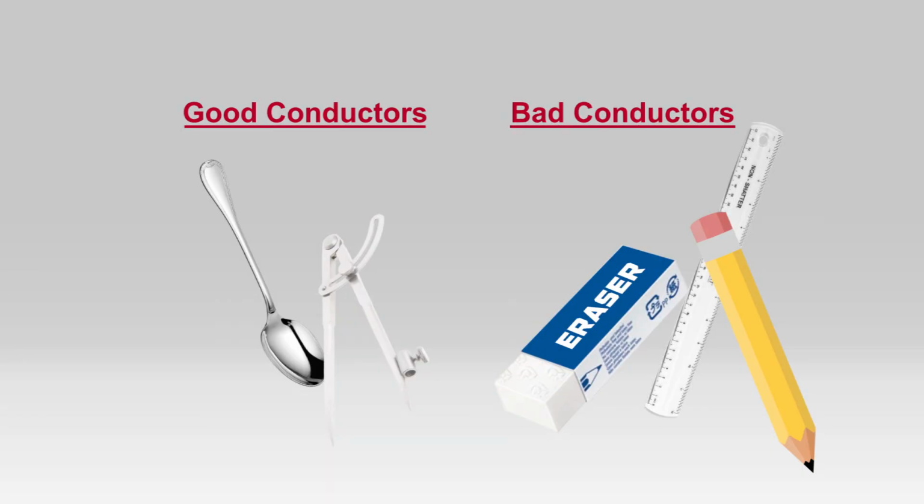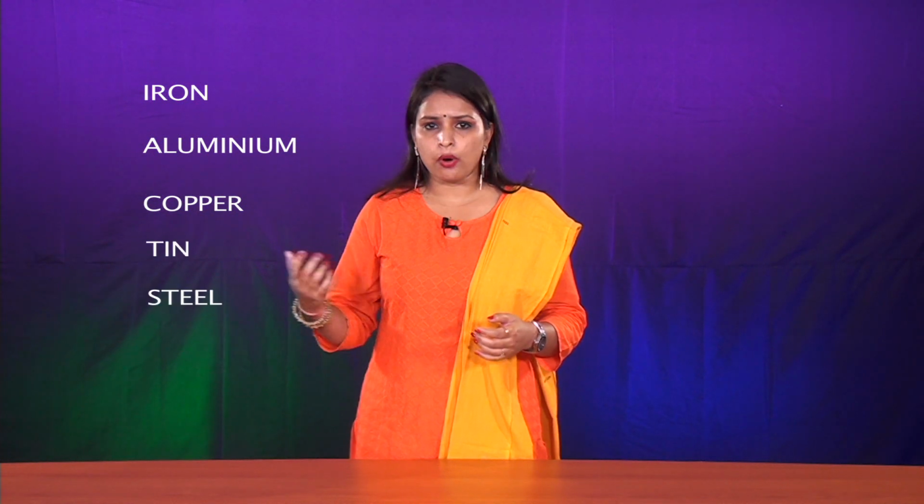The materials which allow heat to pass through them easily are conductors of heat. For example, iron, aluminium, copper, tin, steel and so on.